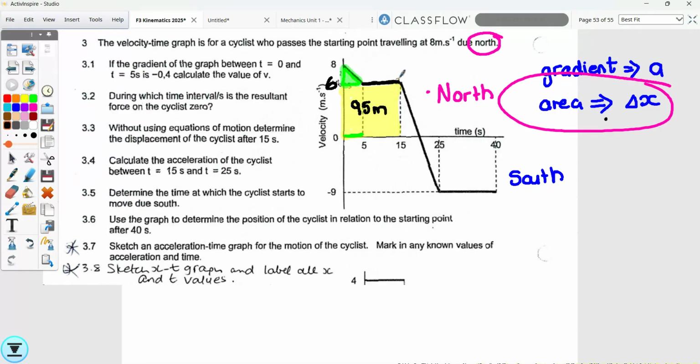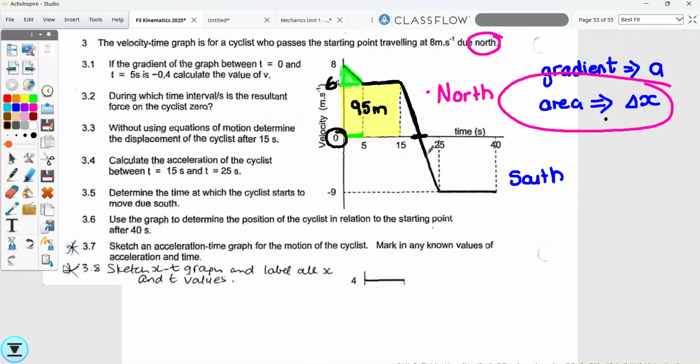Then he goes slower, slower, slower, slower, slower until, what is his velocity here? So what does he do when the velocity is zero? He stops. So he slows down, and whenever you're at the x-axis on a velocity time graph, you have stopped.